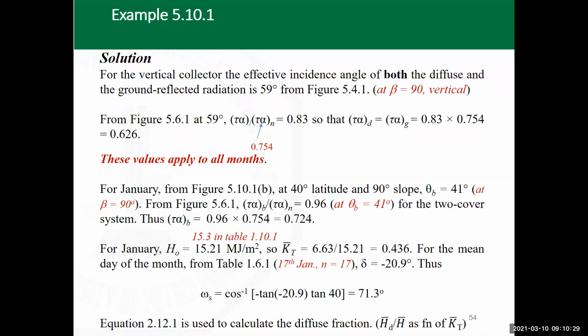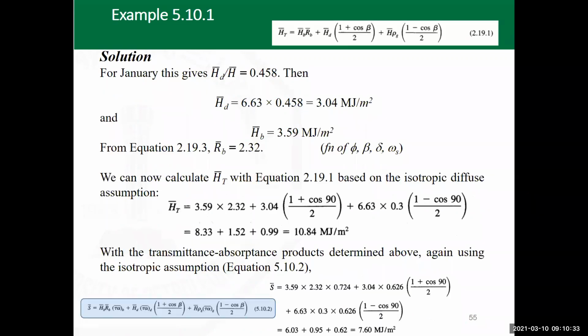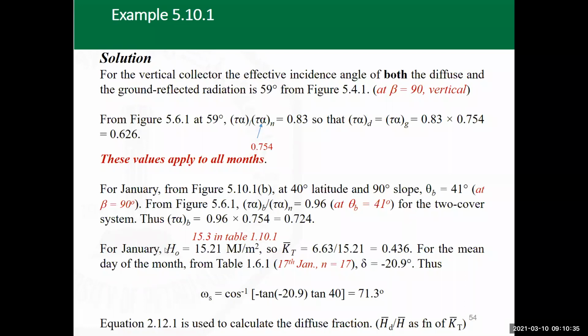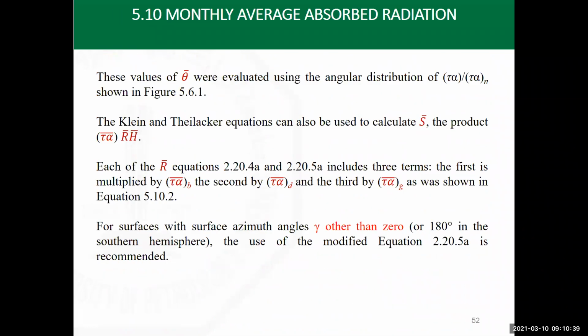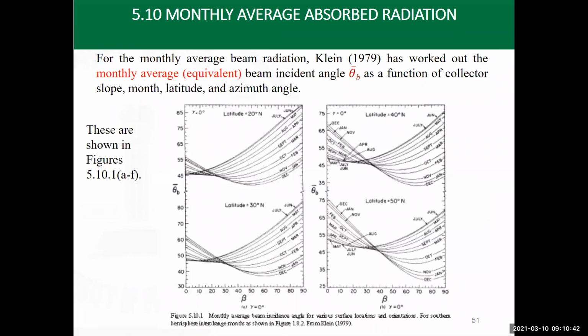Now I need the value of tau alpha for the beam radiation. In the previous example, this value was given to us. Now we need to get it, and to get it we are going to go to the figures that Klein has made. Beta is 90 and the latitude is 40, so we go to this figure for January, at beta equal to 90, the second y-axis.